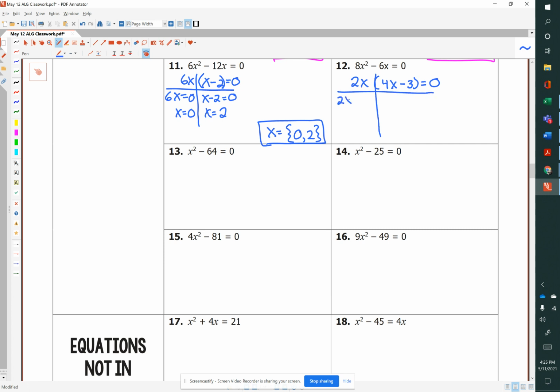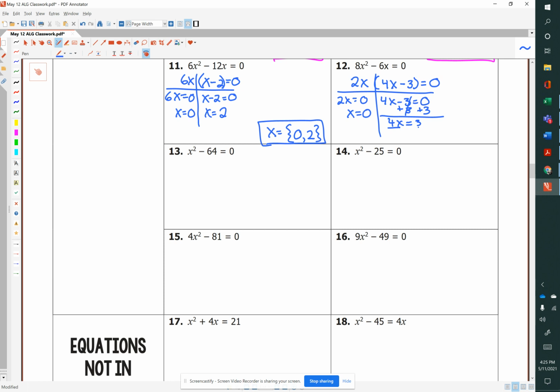So 2x equals 0, so x equals 0. 4x minus 3 equals 0. We add 3 to both sides. 4x equals 3.